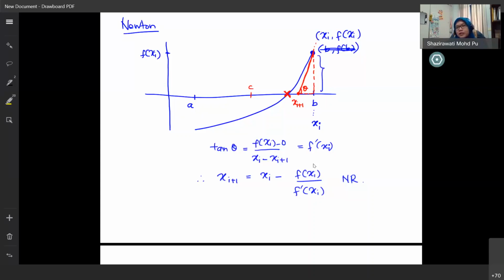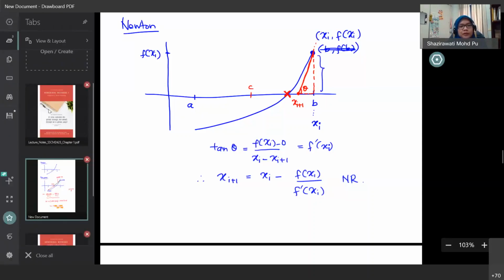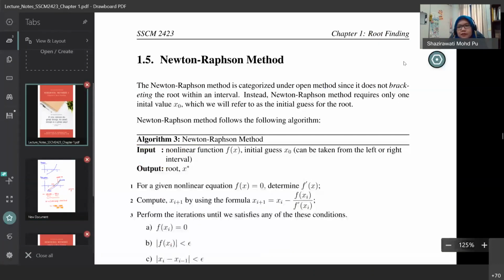Why in the bisection you don't have any derivative? In Newton-Raphson you have the derivative because the basic idea is the tangent, and tangent is very much related to the derivative. That's how we come up with the Newton-Raphson formula.